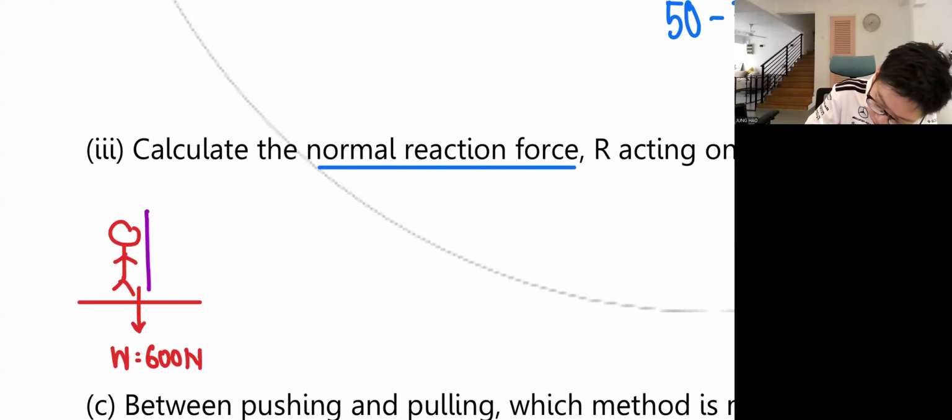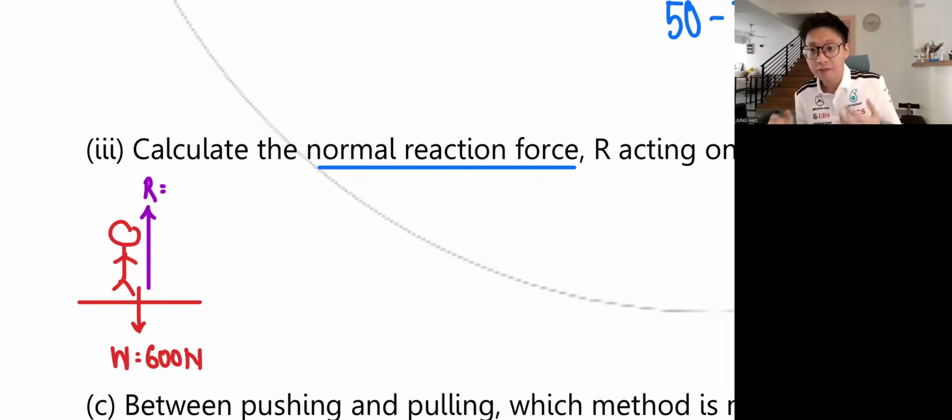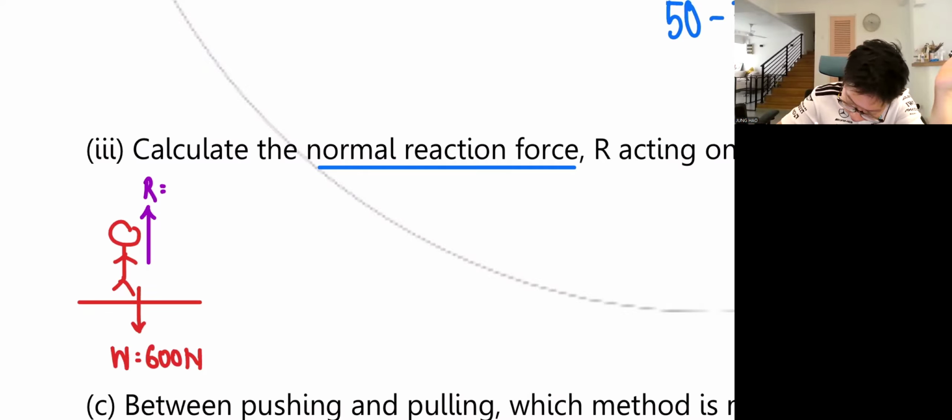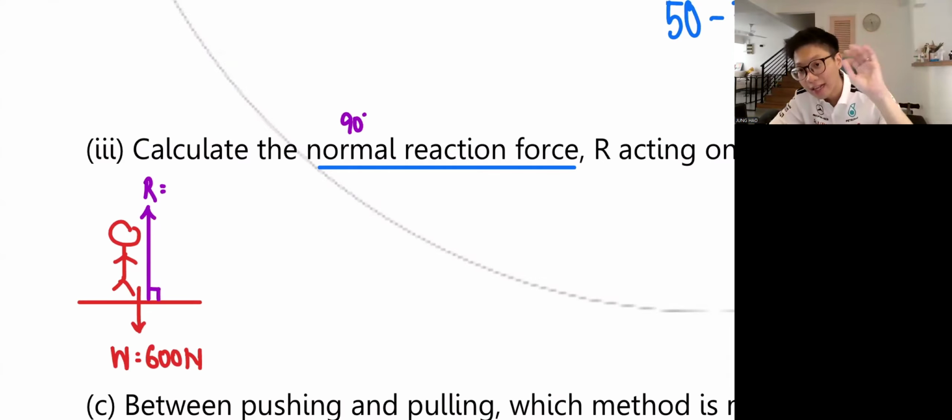The normal reaction force is a force that will push upwards, R, and the purpose of this R is to balance back the force. Why is it called normal? Normal means that it is 90 degrees to the floor. And how much is the reaction force? Should it be more than 600 or less than 600?